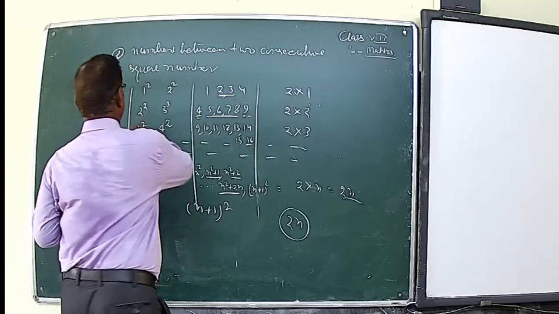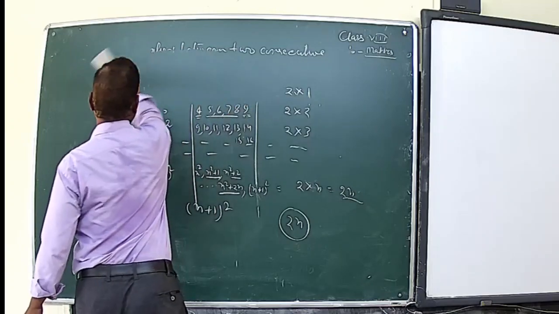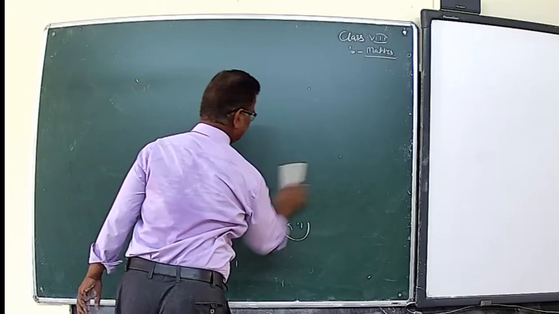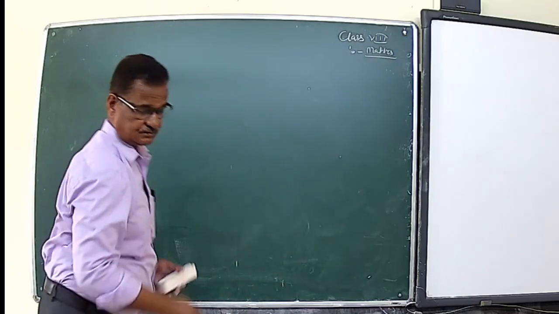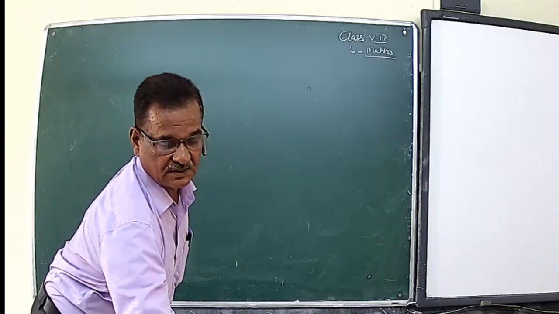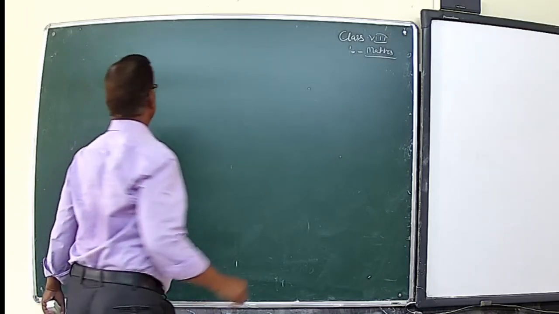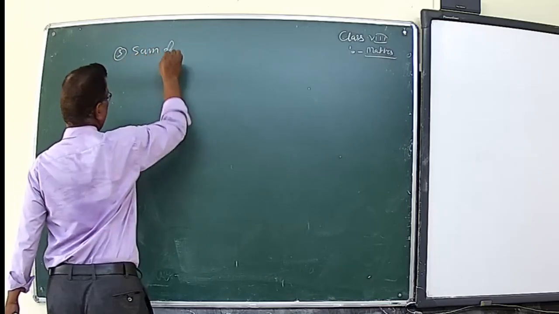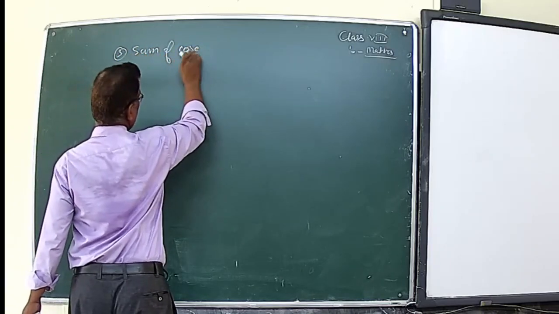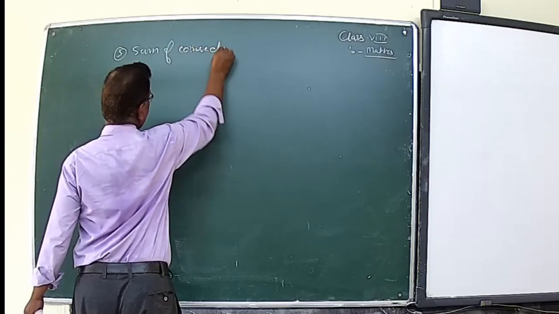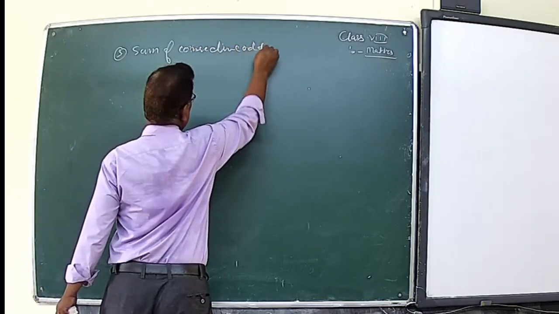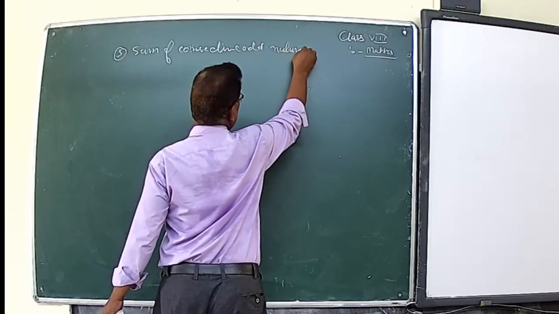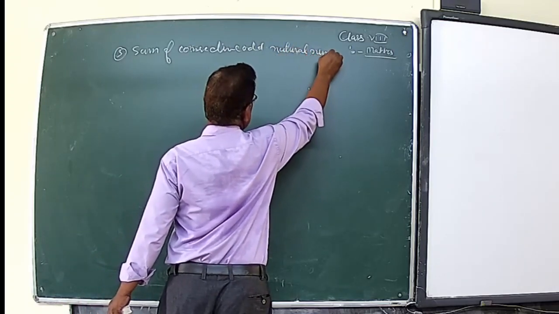The next property, the third: every square number can be expressed as the sum of consecutive odd natural numbers.